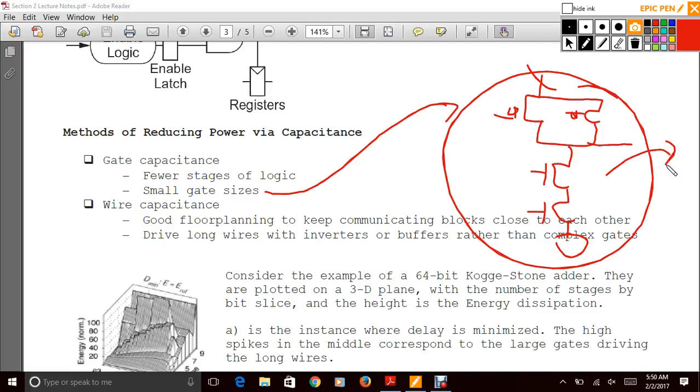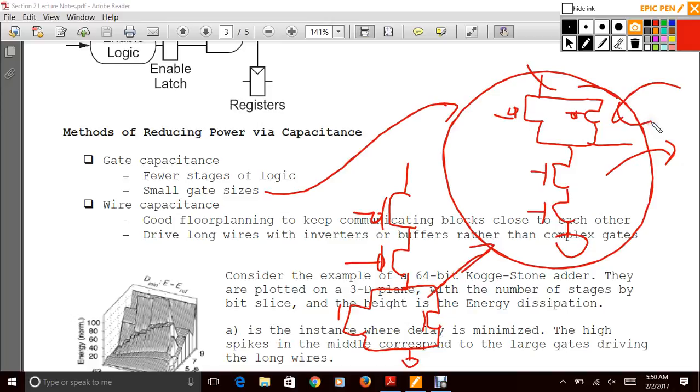And even more importantly, and we'll learn this more, NOR actually requires larger sizes than NAND. So that's why in a lot of the logic synthesis you're going to see, if you can reduce everything to NAND gates, you're in really good shape, because that's going to be smaller gate sizes, and then you typically do it with fewer stages of logic.